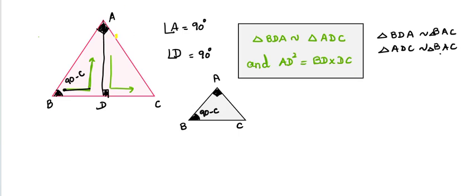Okay. Now, in this triangle, again, this angle will be 90 minus C. So, already this angle is 90 and this angle is 90. Angle ABD is equal to angle CAD by AA similarity.